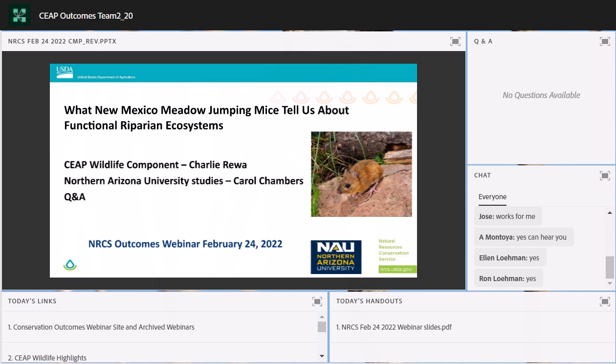This is focused on improving our understanding of how the endangered New Mexico meadow jumping mouse, a species intricately tied to the southwestern riparian habitats, responds to various habitat conditions, and how producers can help this at-risk species on productive rangelands of the Southwest.